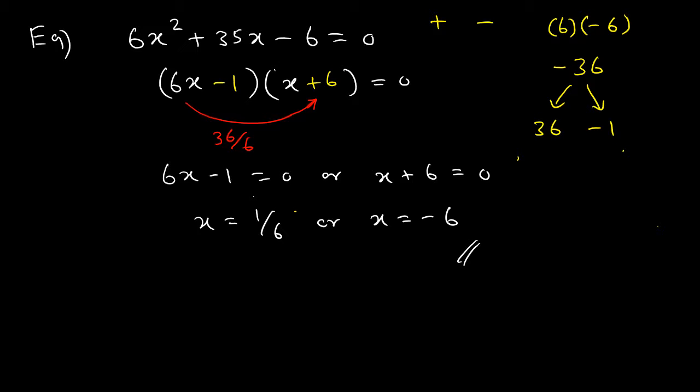So the next one, we can do this. x squared plus 9 equals 6x. And when you look at the problem, you can see that this is also not in the standard form. So we're going to bring everything to one side. So we can write this one as x squared minus 6x plus 9 equals 0.